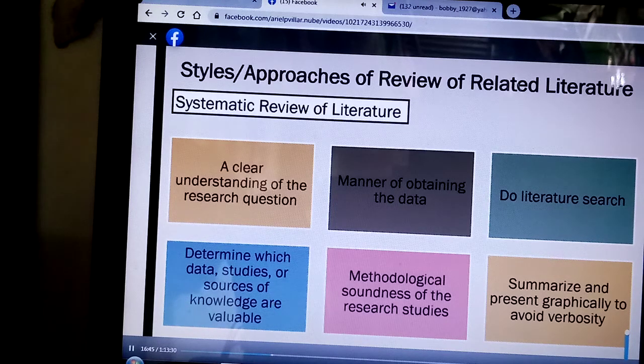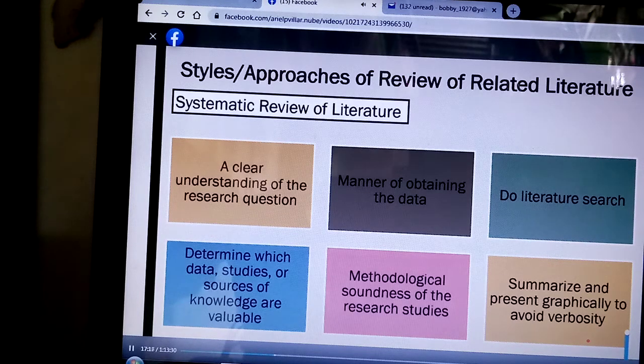Okay? Then you have to check also the methodological soundness of the research studies. No? Actually, kahit yan ay quantitative or qualitative research, okay pa rin, or mixed method. You can get from both quantitative or qualitative or mixed method. And then, very important, okay, you have to summarize. You have to paraphrase. You know? We avoid copying. Most of all, we avoid copy-pasting po.